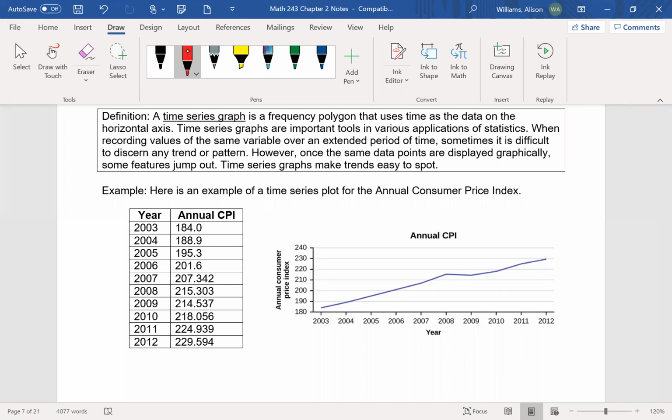You'll even notice in this particular example, they don't even have the dots showing. It's kind of this smooth graph, but you could kind of see that like right here at 2008, it kind of changes direction a little bit to 2009. It actually went down a little bit right about there and then climbed back up again. And it just gives you an idea of what is going on over a period of time, which is a very valuable thing to know when you are looking at data.